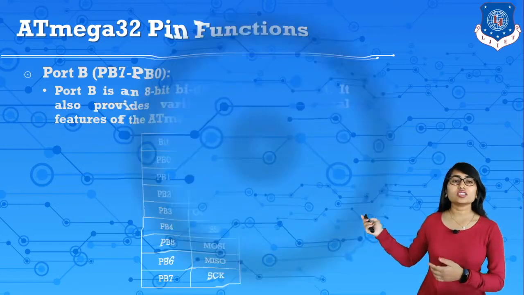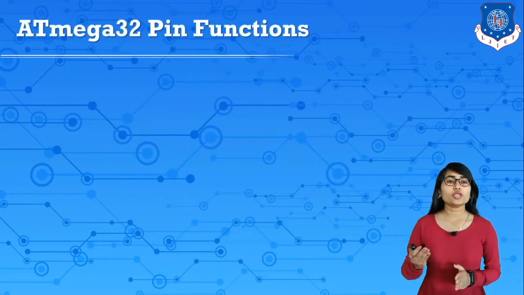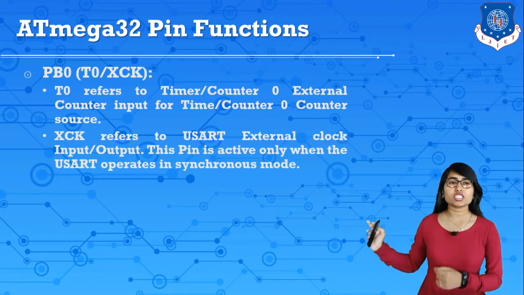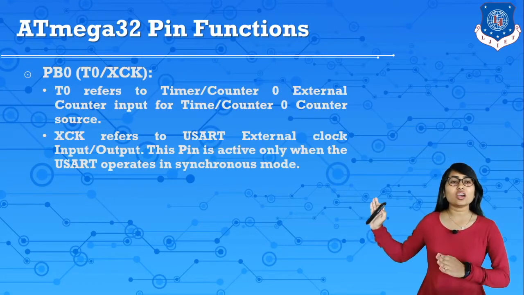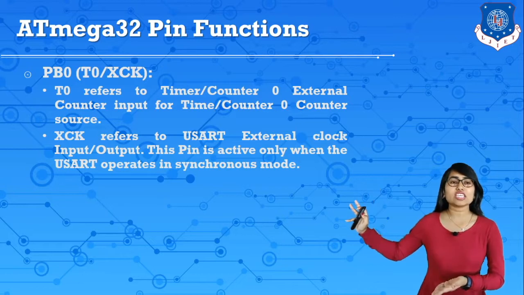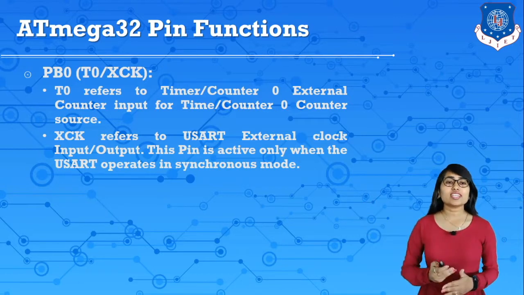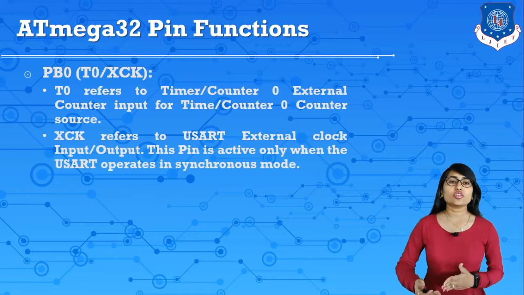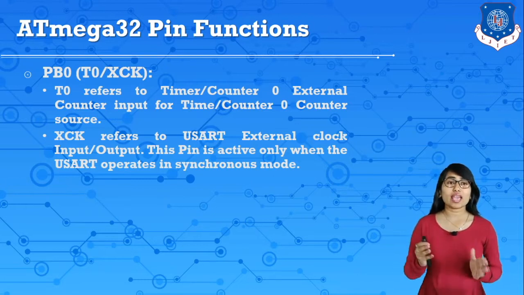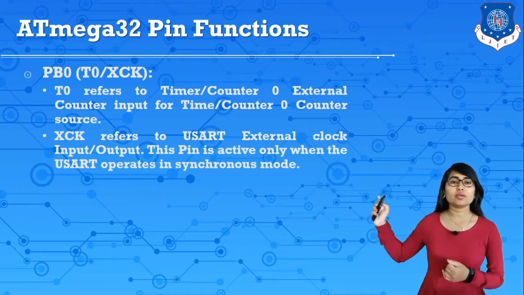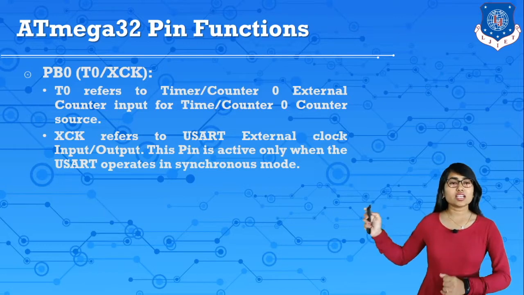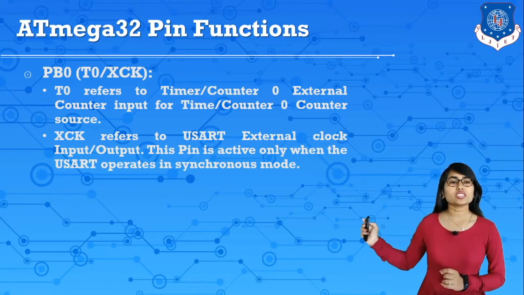First, port B0, that is PB0. PB0 has two functions, either T0 or XCK. What is T0? T0 refers to timer counter 0, as ATmega32 has timers and counters. T0 is the external counter input for the timer counter 0 counter source.